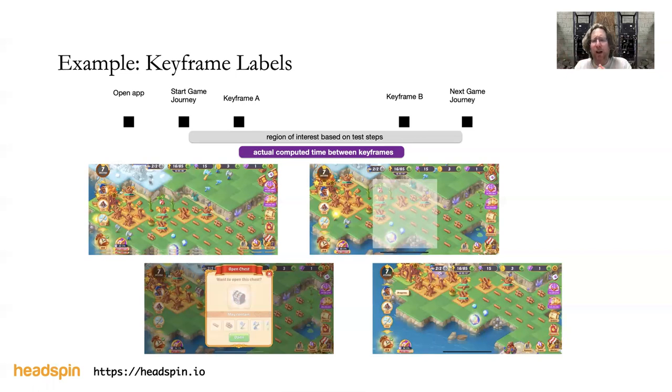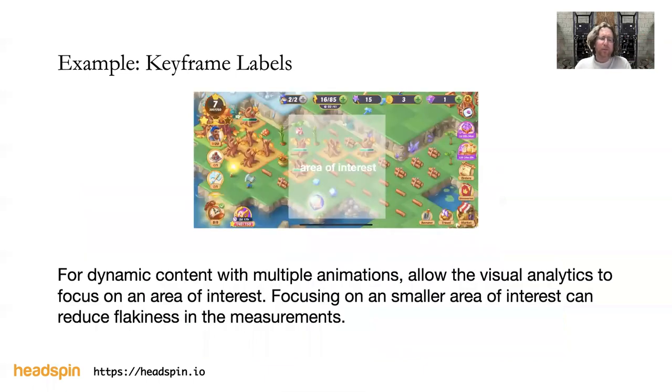In that region, I want the system to tell me how long it took to actually go from the dialog being open to the dialog being fully closed. And so that's another case where we can use a specialty machine learning or heuristic technique to match these keyframes.